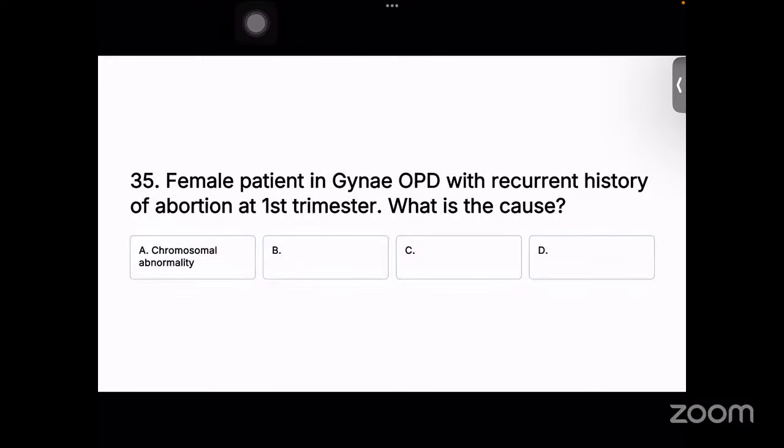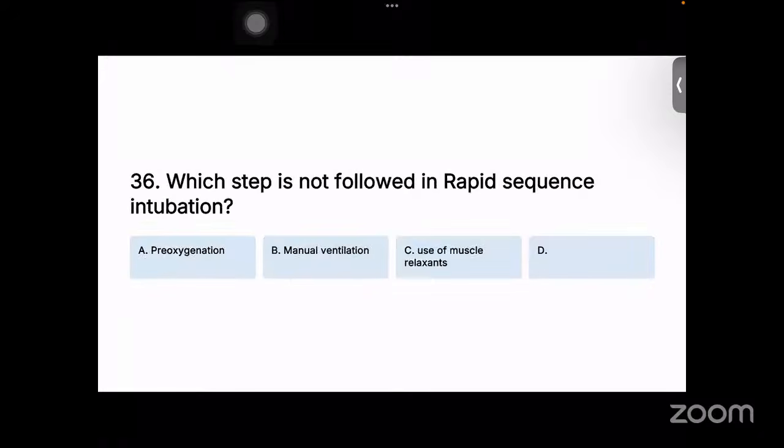These are all workup tests, but the cause they are asking about is chromosomal abnormality. Some may argue it is antiphospholipid syndrome, but the most common cause based on rate is always chromosomal abnormality. Okay, next, which step is not followed in rapid sequence intubation?